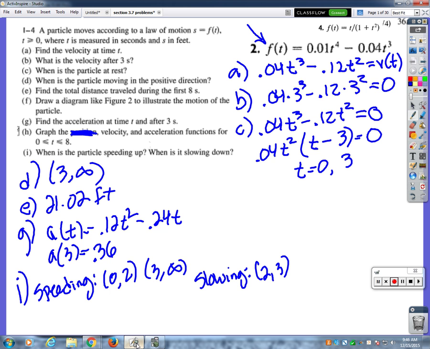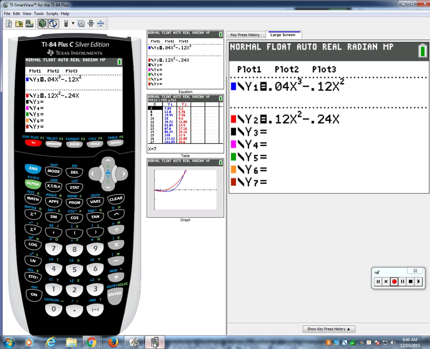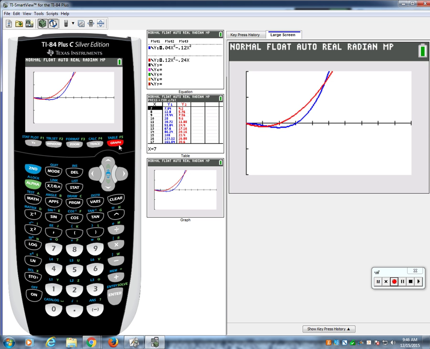So my friend said, maybe I'll do this. Well, because when I first had it, it was like maybe 10 by 10, I couldn't see this, so I zoomed in.